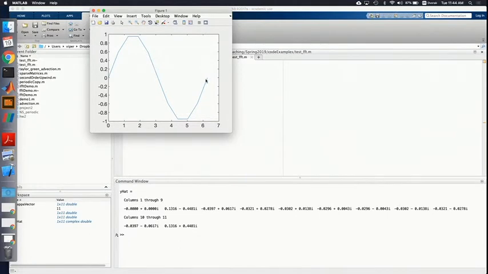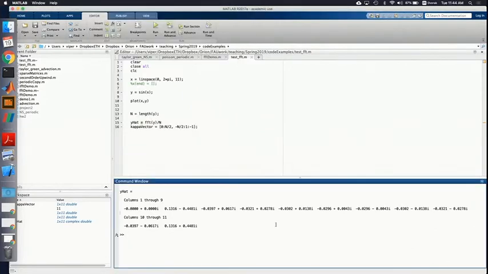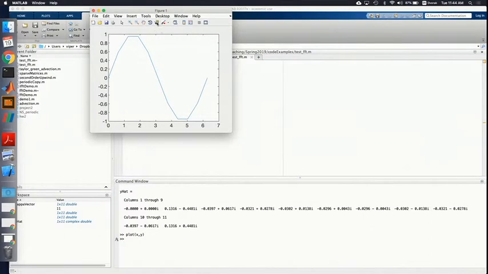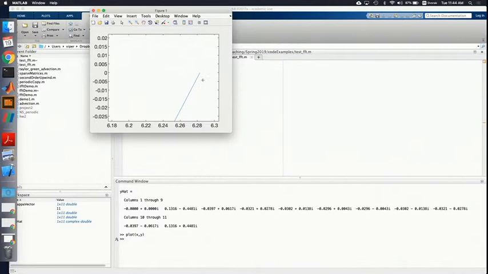Why? Okay, fine, I will zoom in. See, this point 0, 2 pi, 2 pi, 0 is exactly equal to the very first point.